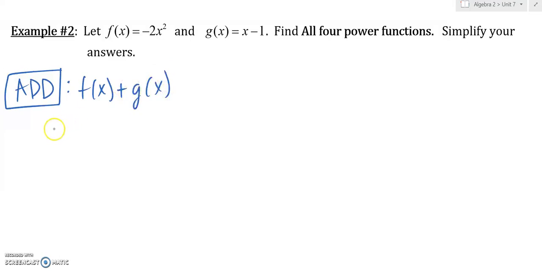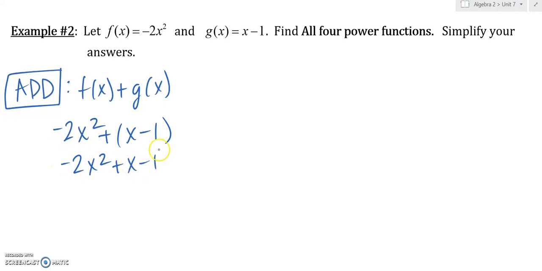Writing this out: negative 2x squared plus x minus 1. I'm going to see if I have any like terms. If those parentheses confuse you, you don't need to put them. You can, but you don't need to. I'm looking at this to see if I can combine anything, and I notice that I cannot, so I'm just going to have to leave it like that.